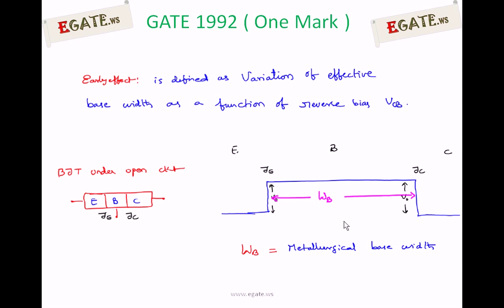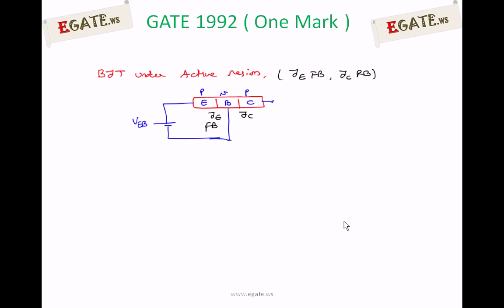Now if we apply the active region for the BJT, active region means the emitter base junction must be forward biased and the collector base junction must be reverse biased. So if you keep the BJT in the active region, what happens to both junctions? First we will apply forward bias to the emitter base junction by connecting a voltage.